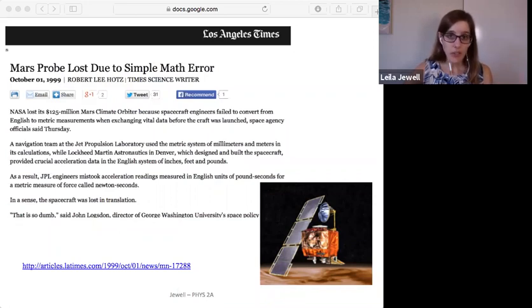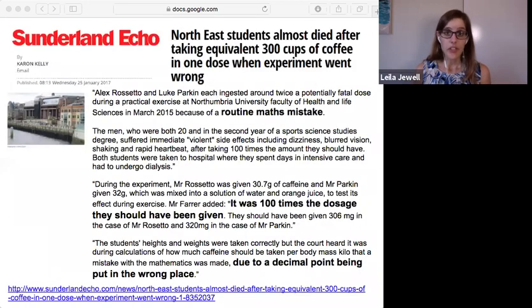Now, maybe you don't relate to engineers so much, maybe you're not interested in that, that's totally fair. So here's an example that's not engineering. Northeast students almost died after taking the equivalent of 300 cups of coffee in one dose when an experiment went wrong. So this is more in the medical field, right? They're trying to do a study on how caffeine affects individuals, and they made this routine math mistake.